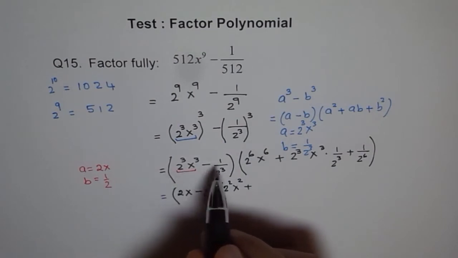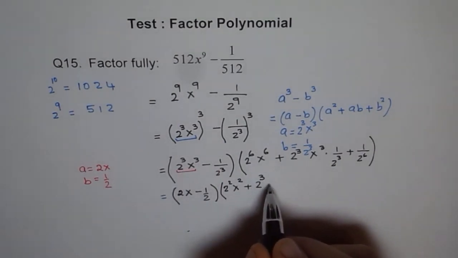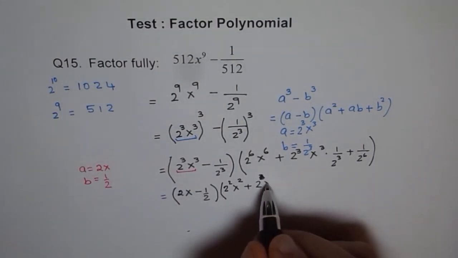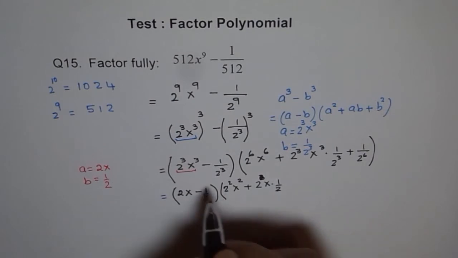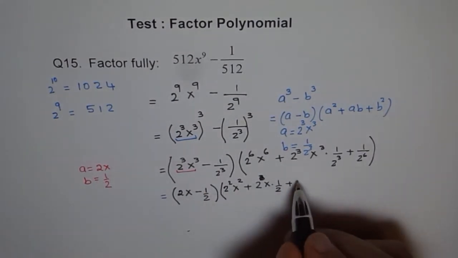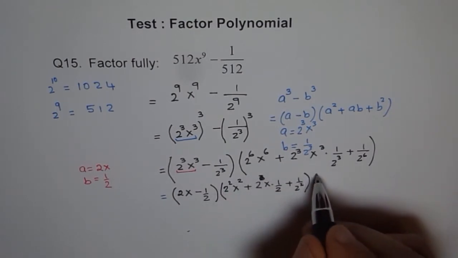So when I multiply this and this, let me do it right, then I'll cancel it later. Sorry, this times this, so 2x times 1 over 2, plus this square. B term is half square. And this term I will write as such.